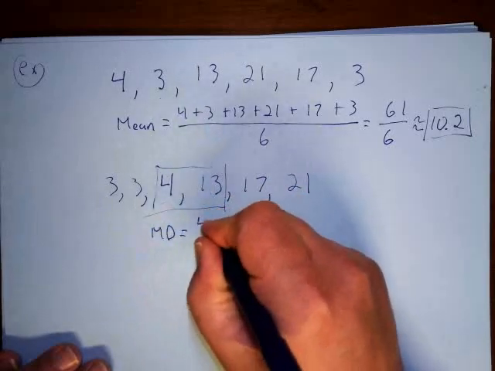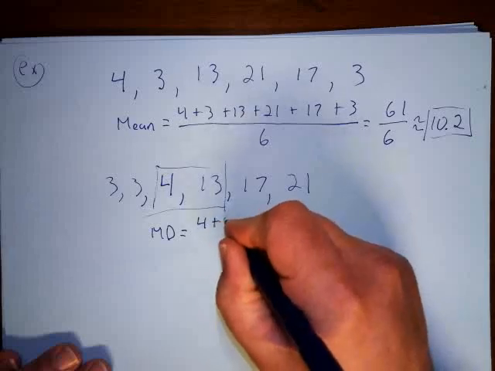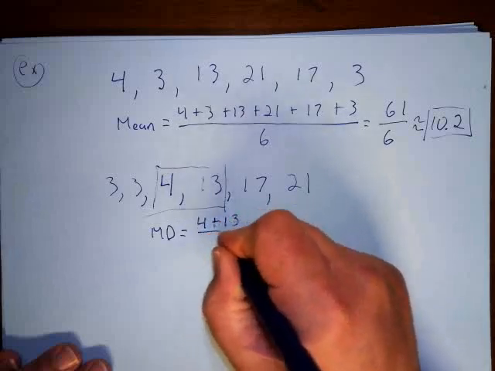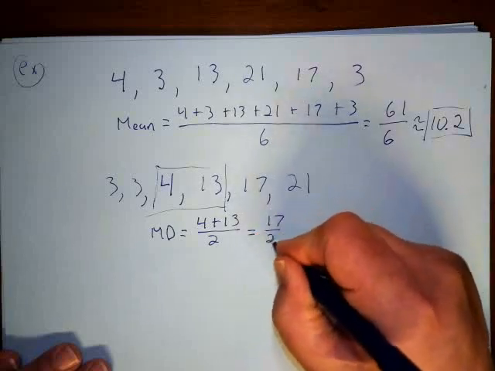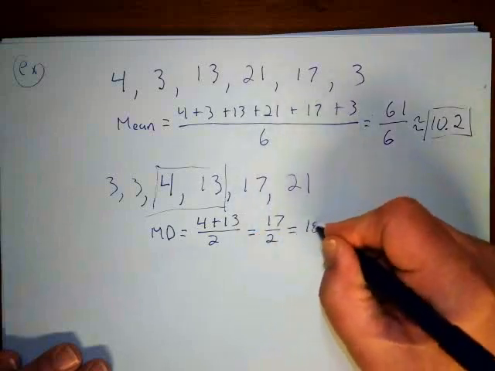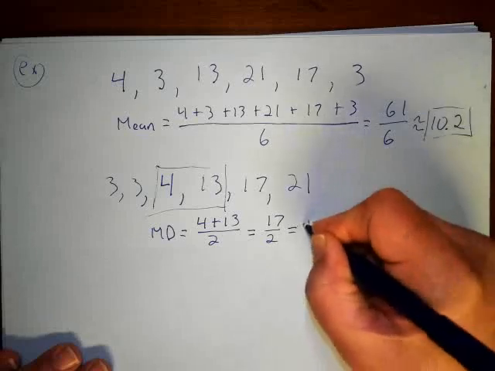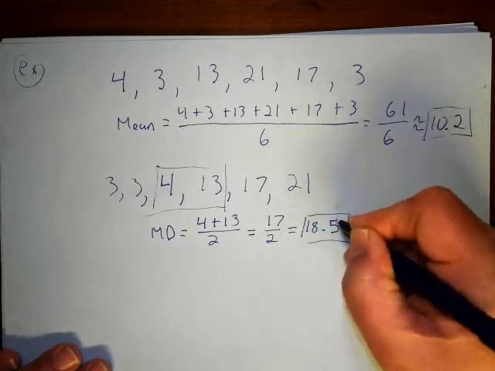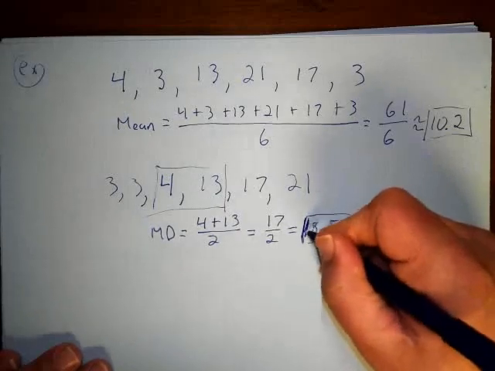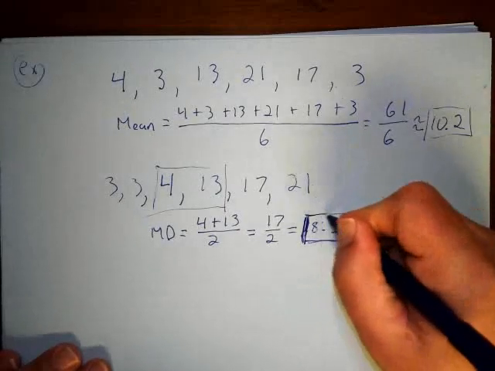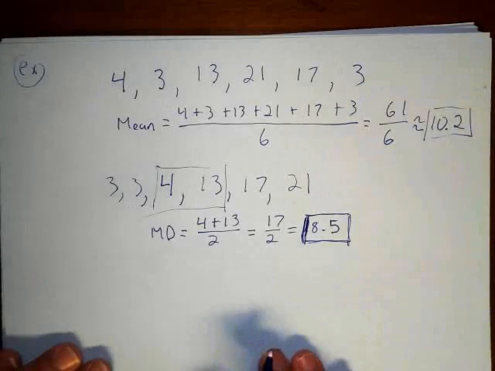So the median would be 4 plus 13 divided by 2. So this would be 17 divided by 2, and that would be 18.5. So my... not 18, sorry, 8.5. So the median is 8.5.